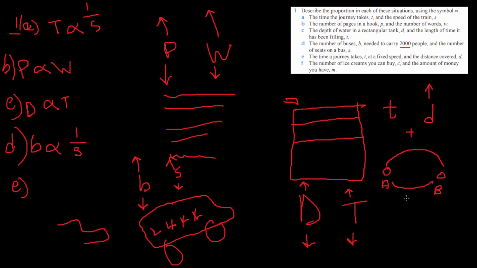So if we were to increase the distance, our time would need to increase as well. Let's say if we want to go 5 kilometers, it will take 30 minutes. And if we want to go 10 kilometers, it will take an hour. As you can see, both are increasing. So if distance increases, time increases as well. And if there's less distance, we can go there really quickly, so less time. So these two are proportionate. So T is proportionate to D.